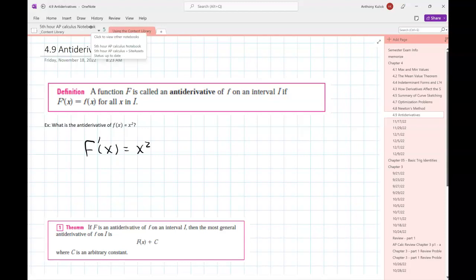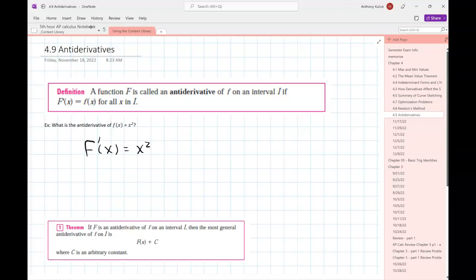So I need to find something that we differentiated to get to x squared. Everybody agree? Okay. So what kind of function is x squared? It's a polynomial, right? How do I differentiate a polynomial?